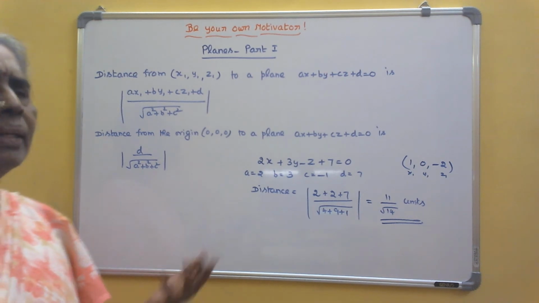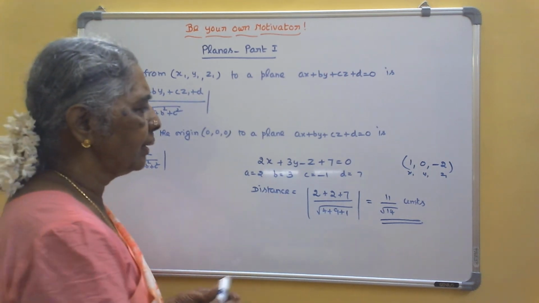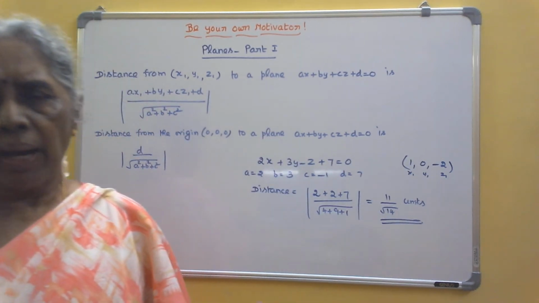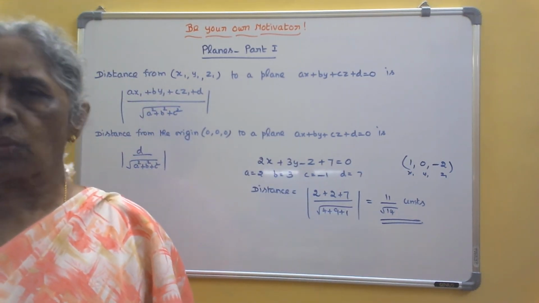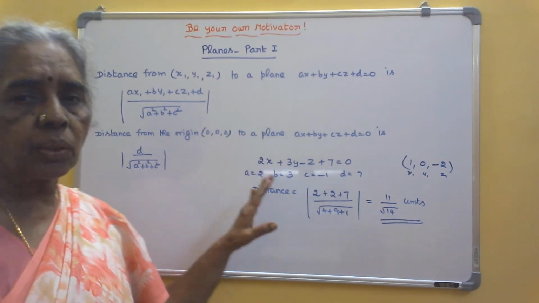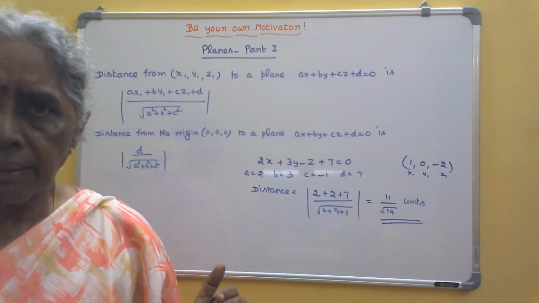If it is the origin, it is very simple, no? Only d will come and then divided by root of a square plus b square plus c square. That is very simple. So, have you understood how to find the distance?